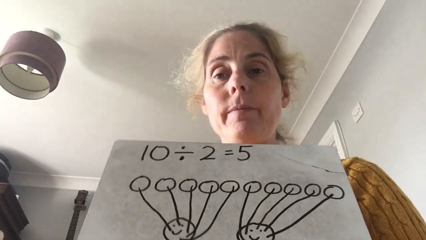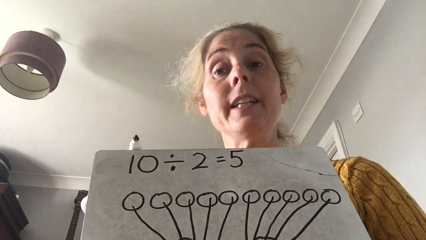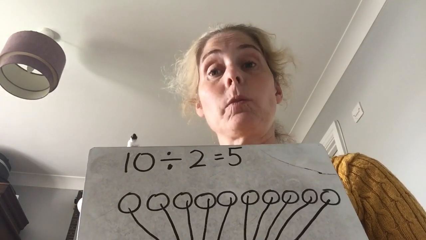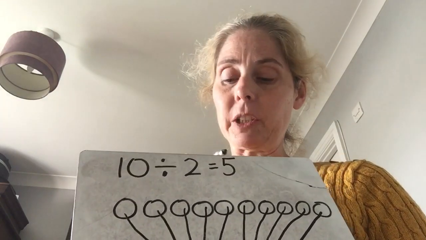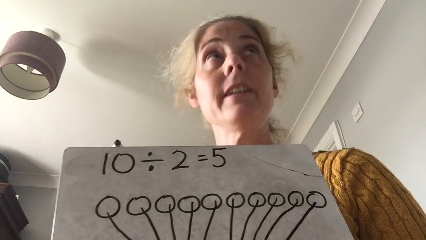That's our answer, is 5. Is our answer smaller than our first number? Yes, it is. Brilliant. That's what we're looking for. The answer must be smaller than that first number. Okay, fantastic.